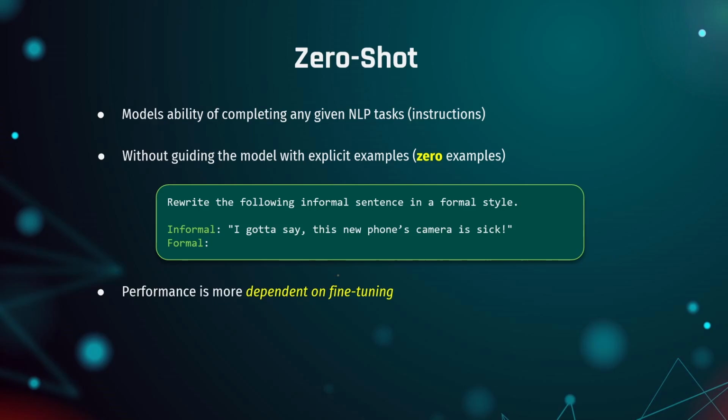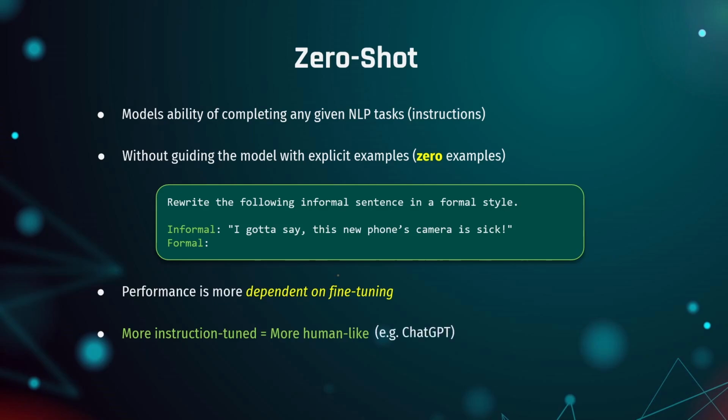We did not have to show any demonstration to our model, but it will still be able to bring out the best of responses, and it is solely because of fine tuning the model. And the more fine tuned or instruction tuned the model is, the more human like the model will become.